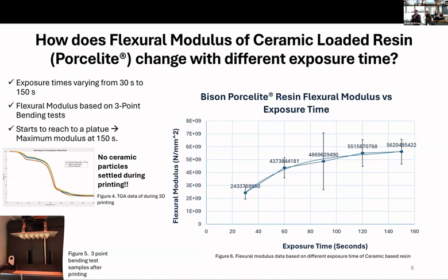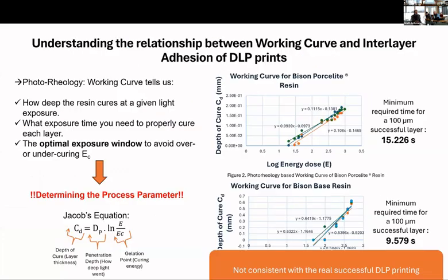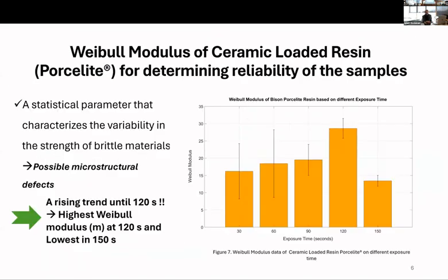And when you go from one layer to the next, the bottom layer that you're printing on, the exposure doesn't impact that, because you had the curve that showed that the flexural modulus dropped when you went from 120 to 150. Yeah, if you overexpose it, something else is going on. You don't get overexposure if you're printing layer by layer.